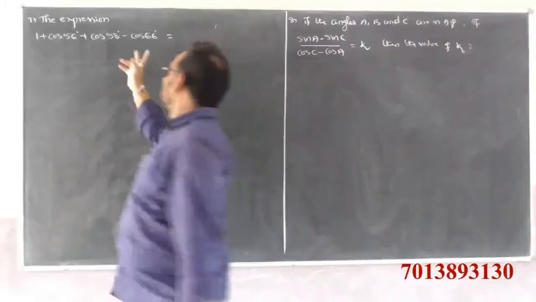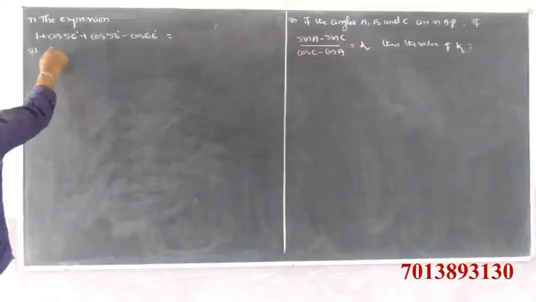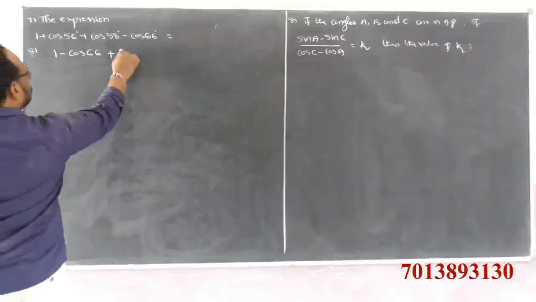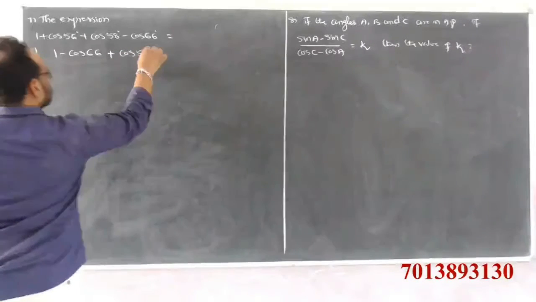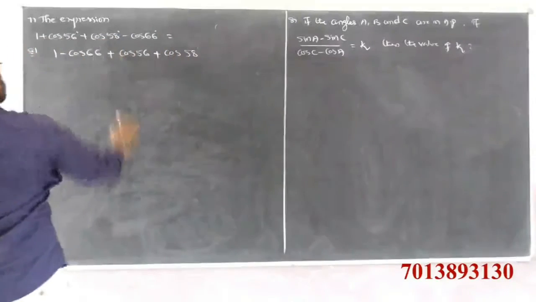So rearrange this expression, we get here 1 minus cos 66 plus cos 56 plus cos 58.